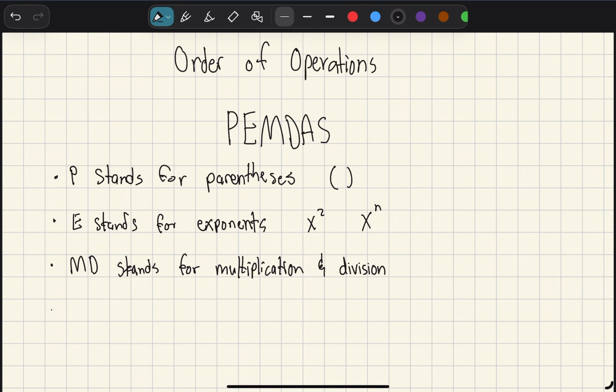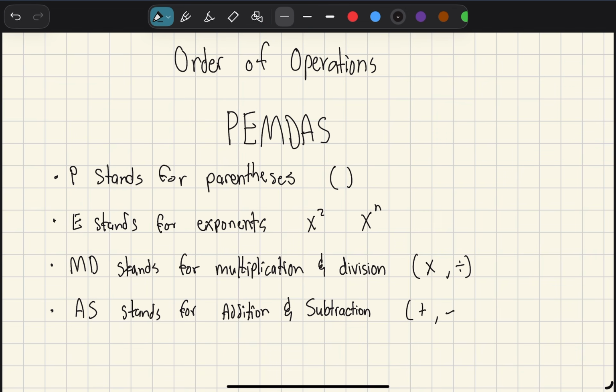And then of course the next letters are A and S, which stand for addition and subtraction. I forgot to put an example for subtraction, and for multiplication and division. It's the multiplication sign or division, and of course the addition and the minus sign.